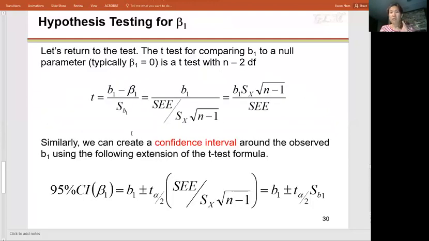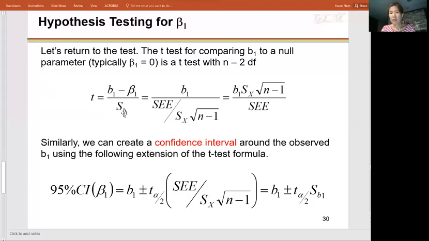Now, the t formula. The numerator is the b1 statistic minus the beta 1 parameter. Since our null hypothesis is set as beta 1 equals 0, this becomes 0. Then b1 over the standard error for b1 is the same as t.